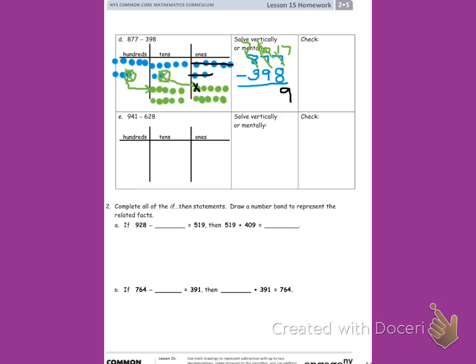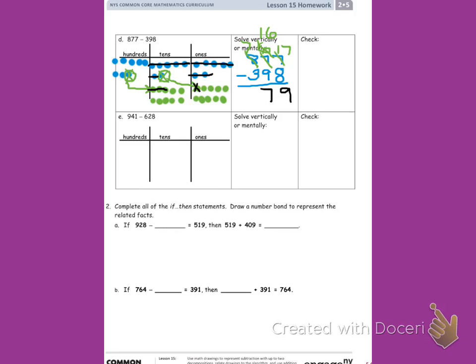Now I have 16 tens. Now I can do the subtraction. 16 tens minus 9 tens. I'll go ahead and cross them out now. 5, 6, 7, 8, 9. That leaves me with 7 tens.